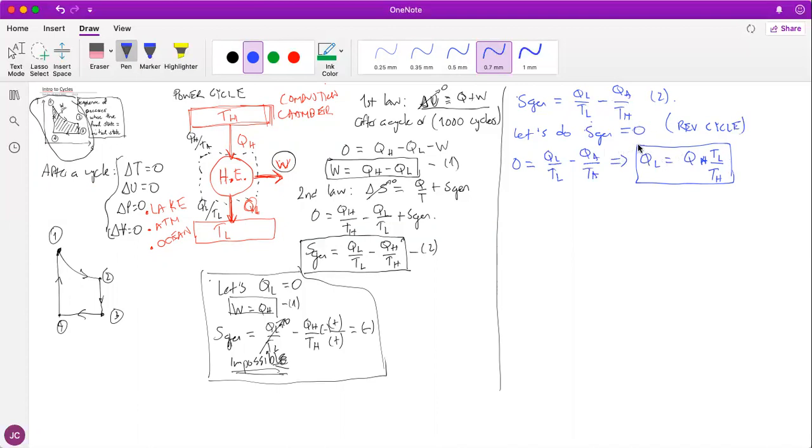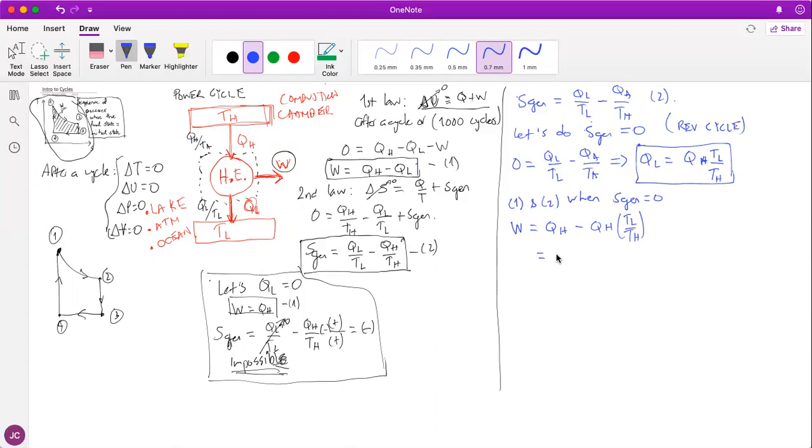And I'm gonna use this QL in the first law. So using 1 and 2 when Sgen equals 0. Again, this is just one case, the reversible case. So W equals QH minus QL, but instead of QL, I'm gonna put QH times TL divided by TH.